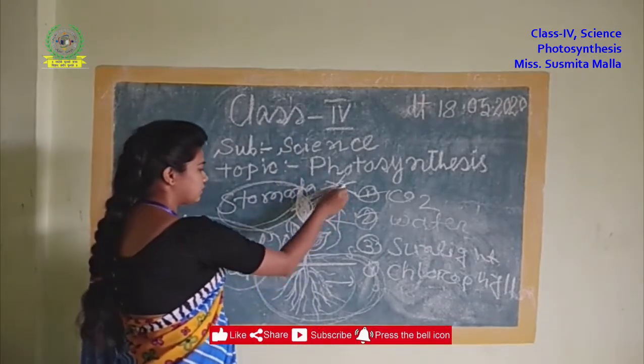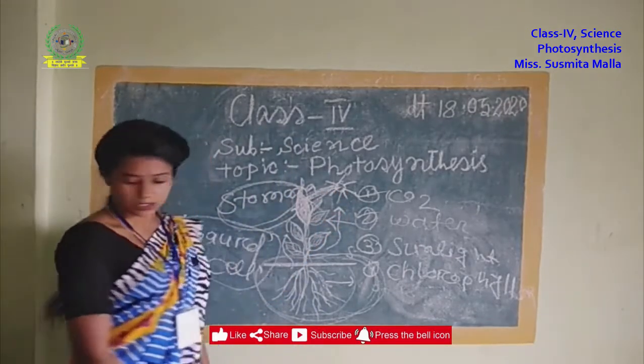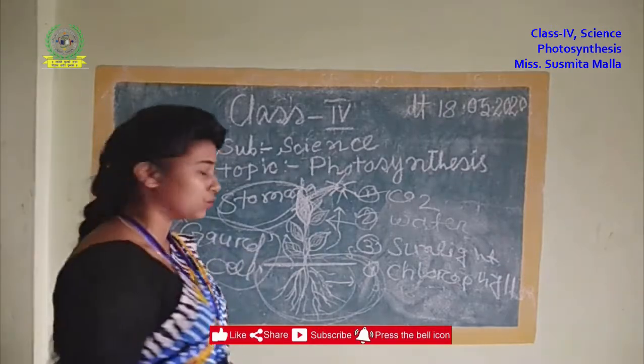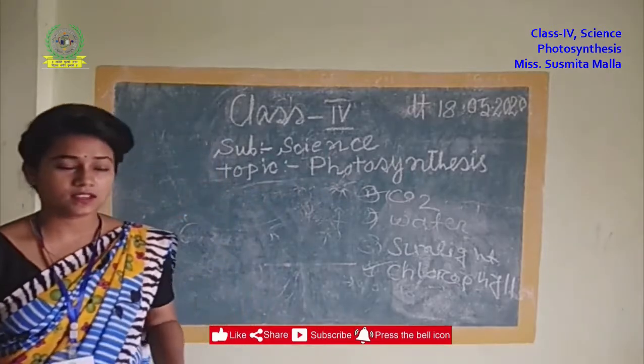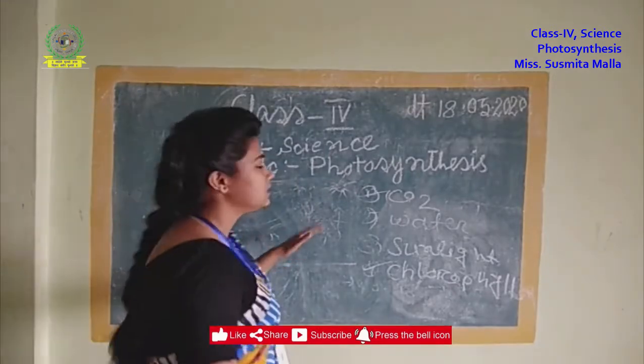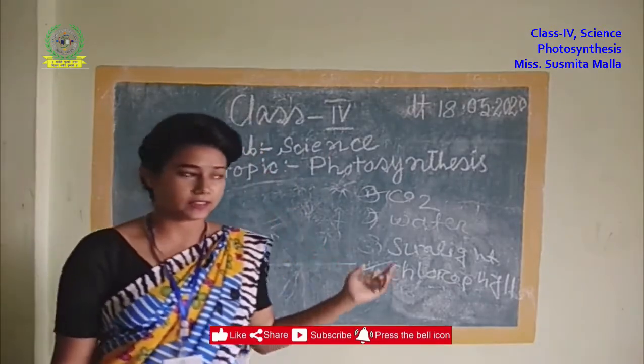When sun rays fall on the leaves, they are absorbed and stored by chlorophyll. This is a green colored pigment present in the leaves of green plants.